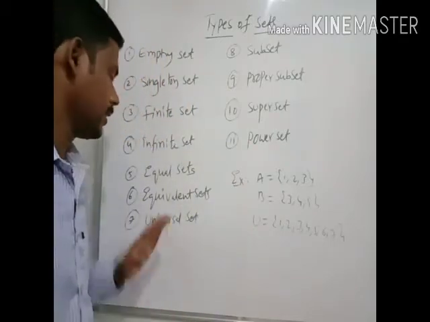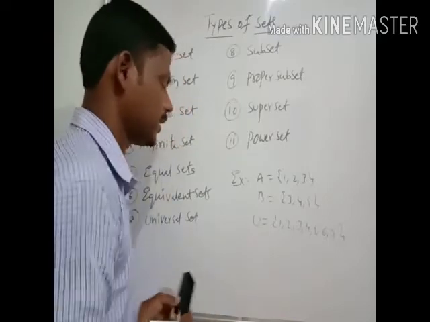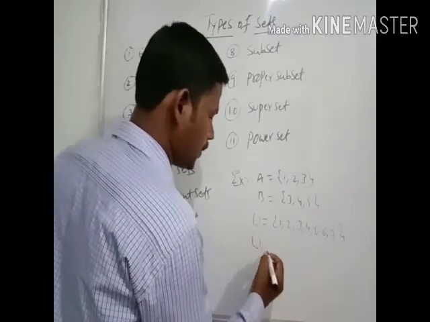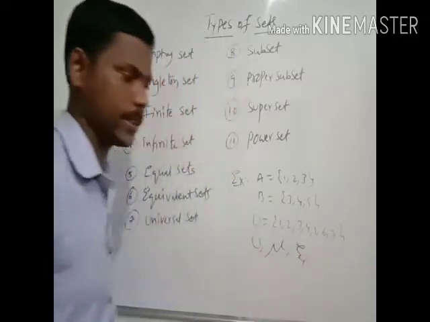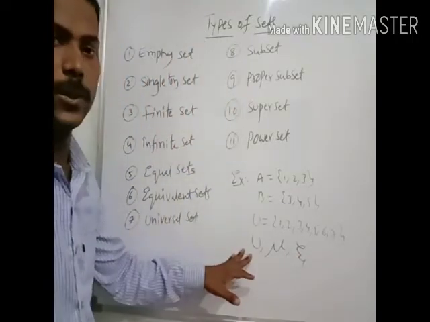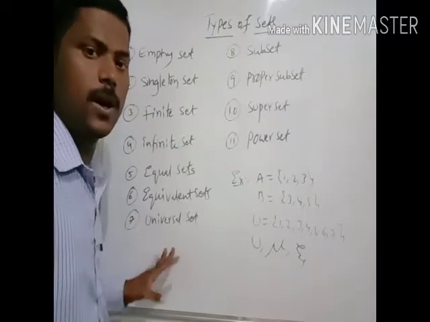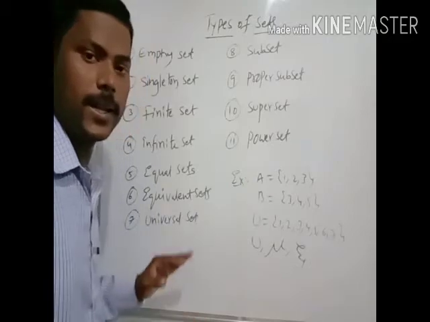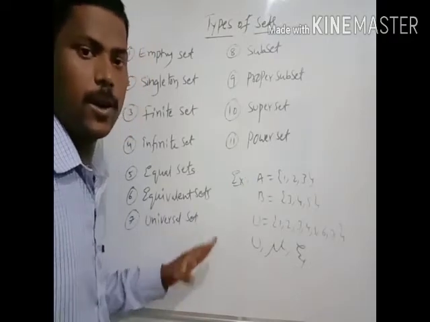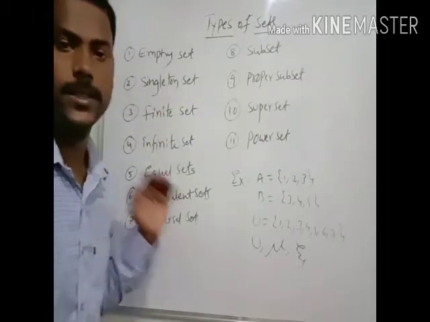The universal set is denoted by U or by symbols like these. So a universal set is a set of all the elements containing the other sets according to the given condition.